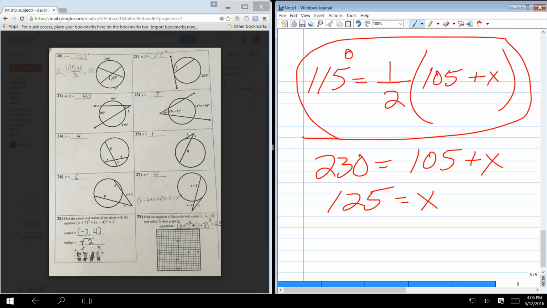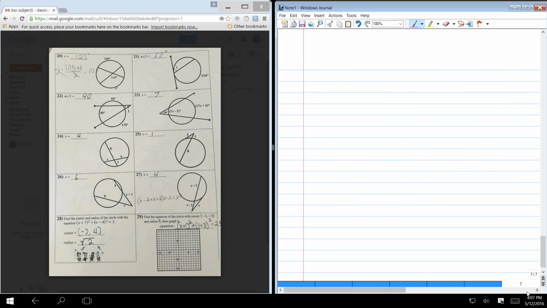And notice that 115 is the average between 105 and 125. It's exactly halfway in between those two numbers. But I still think it's important to set it up right, the way the theorem is defined. It'll be easier to memorize it.